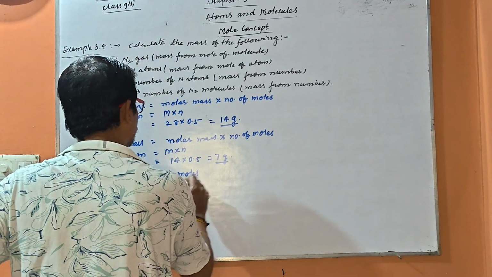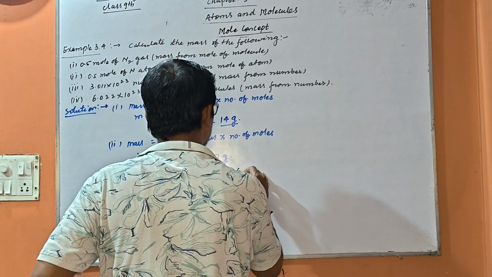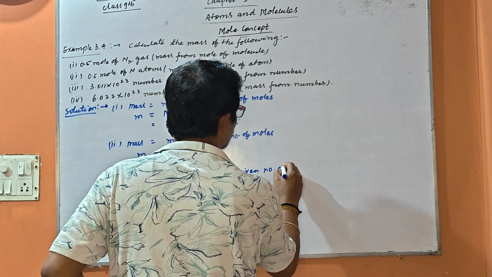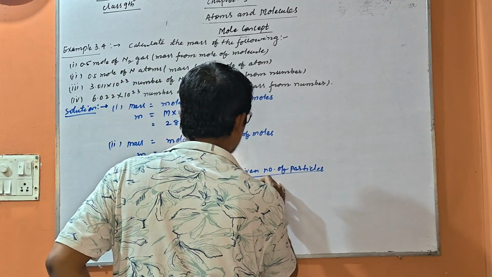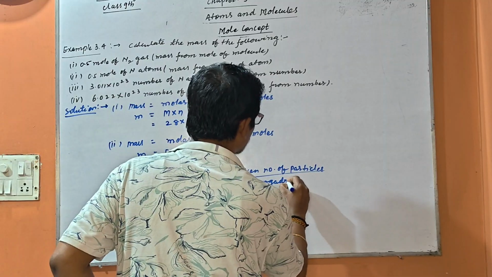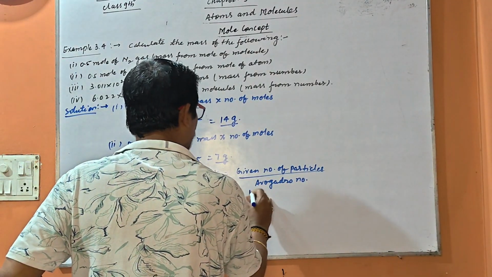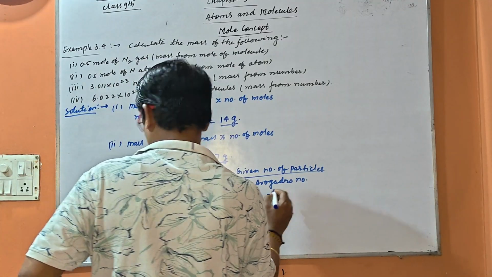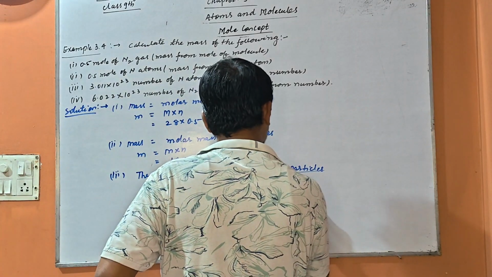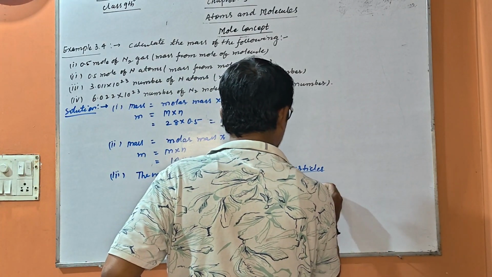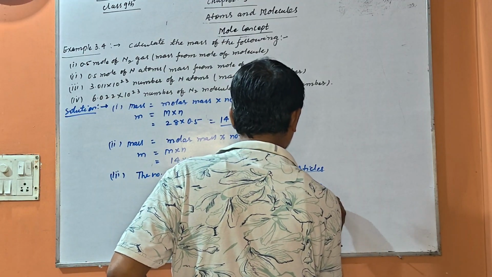The number of moles n is equal to given number of particles N by Avogadro number N0, that is n is equal to N by N0, which is 3.011 into 10 to the power 23 by 6.022 into 10 to the power 23.